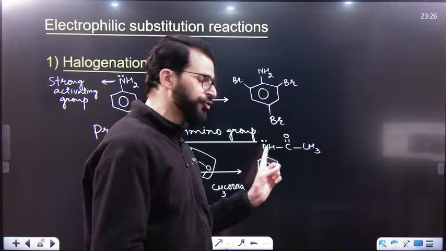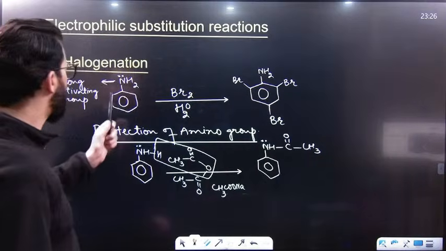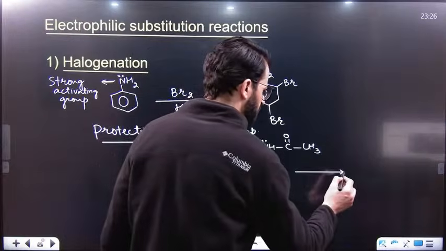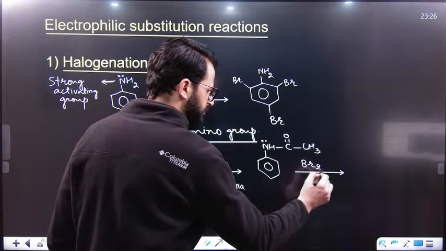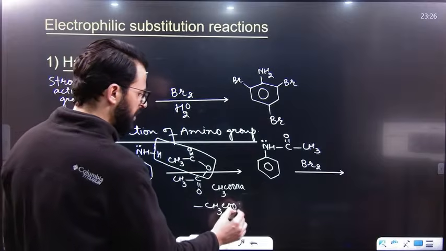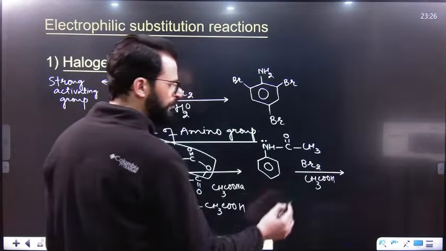It will not activate this benzene ring as it was activating before the acetyl group. Hence, we will now do our reaction. Our reaction was bromination, or halogenation. Now, bromination will take place.